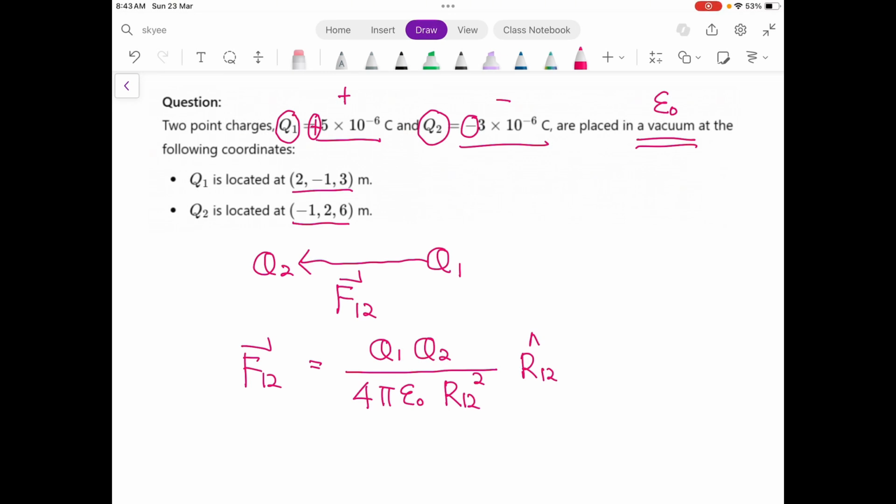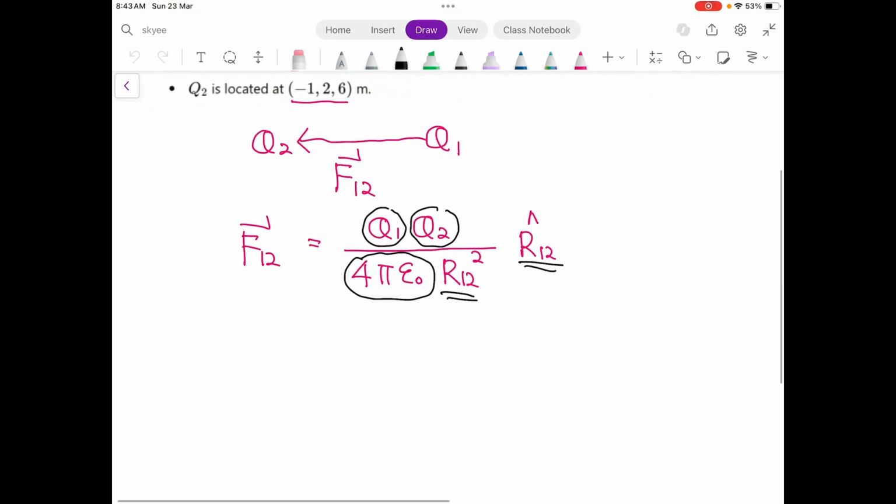So let's see what we have. We already have the Q1 and Q2 values, and these are constants. What you are required to find is the unit vector and the distance. Before we find those, the first thing we have to find is R12, the distance vector from 1 to 2.